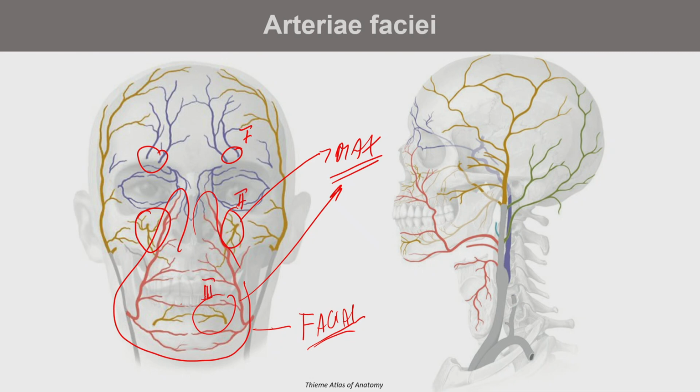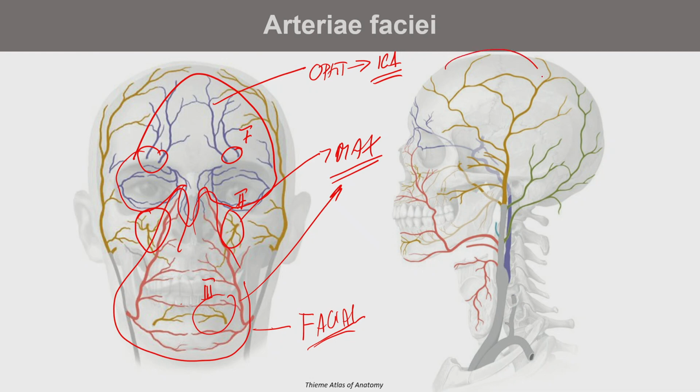And this region, the orbits, eyelids, dorsal part of the nose, and frontal region is ophthalmic artery. Then it is the internal carotid artery. So this is a region which is supplied by the first main branch of the internal carotid.